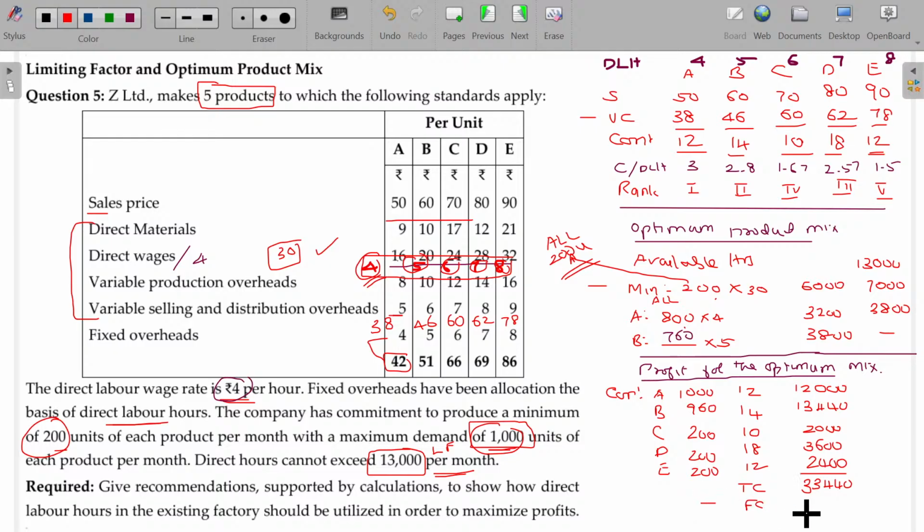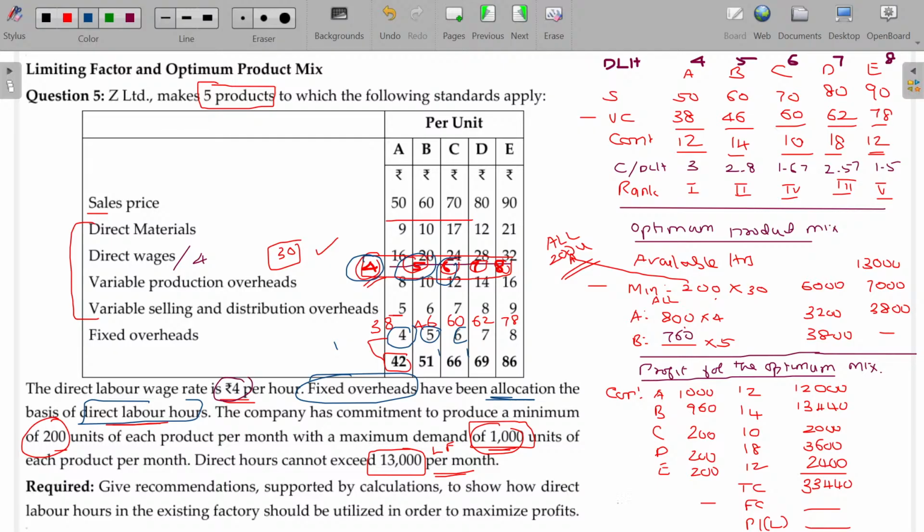Minus fixed cost to get the profit or loss. Now, fixed cost. Fixed overheads have been allocated on the basis of direct labour hours. 4 hours, fixed overhead being 4 rupees for A. It means 1 rupee per hour. 5 means 5 rupees, it means 1. 6 means 6 rupees, 1.